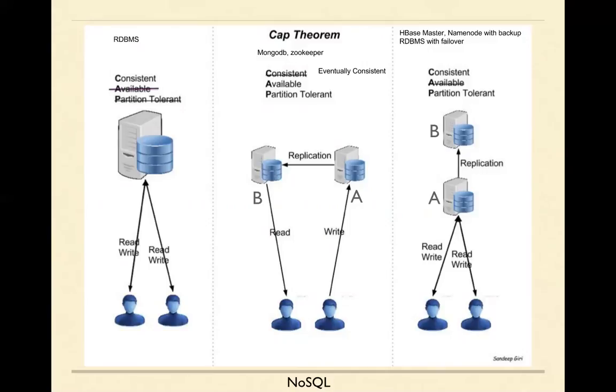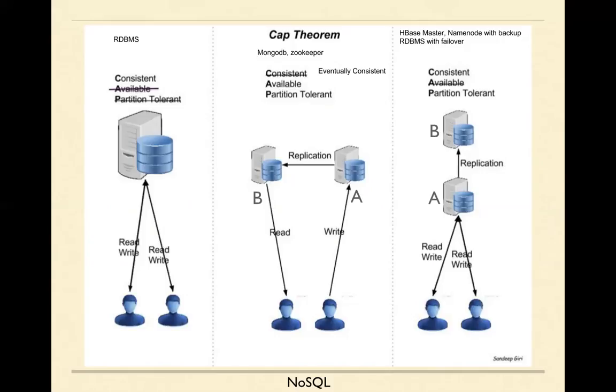Therefore this kind of system is useless, because if a system cannot provide a failover or cannot provide tolerance to the shutdown of a few machines or network failure, these systems are known as partition intolerant.